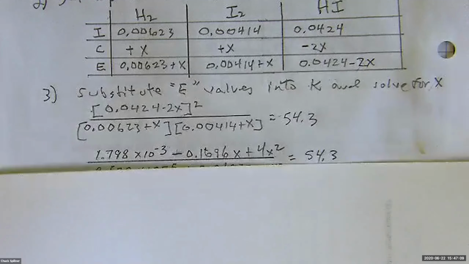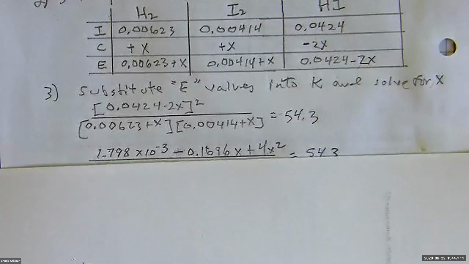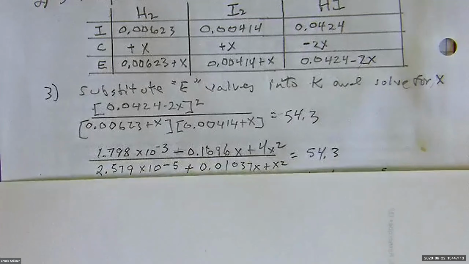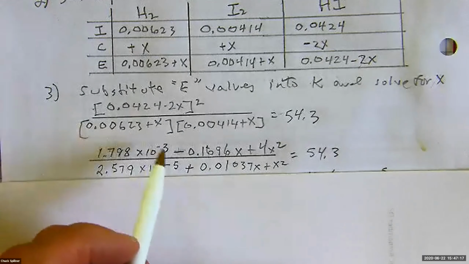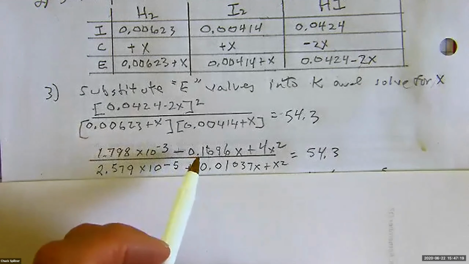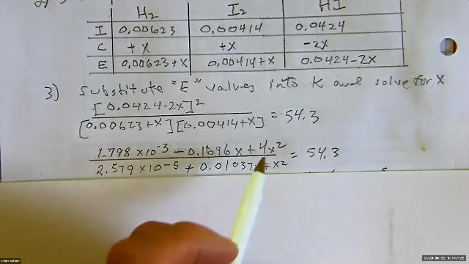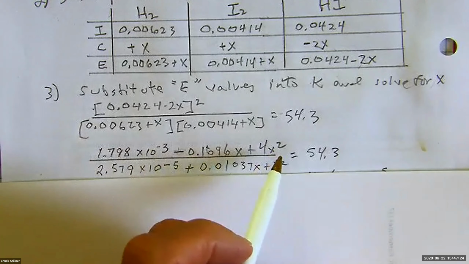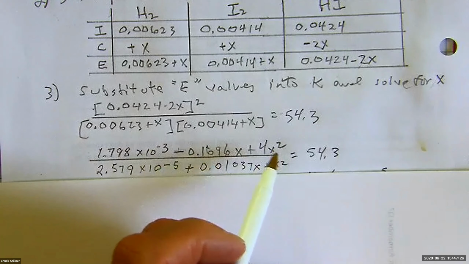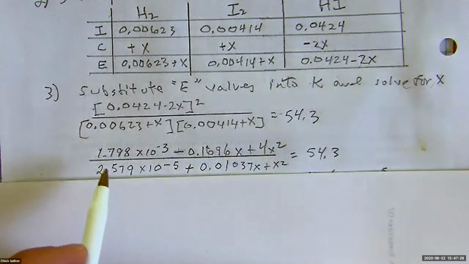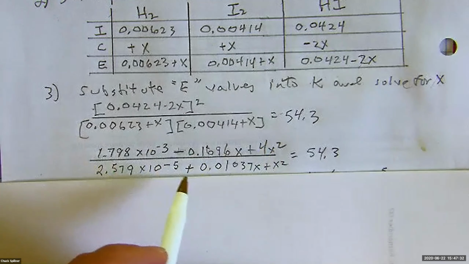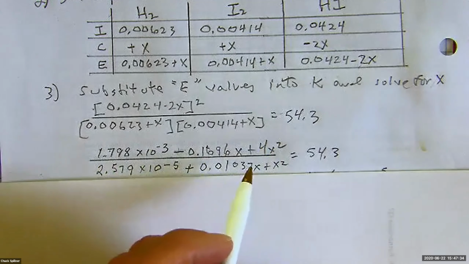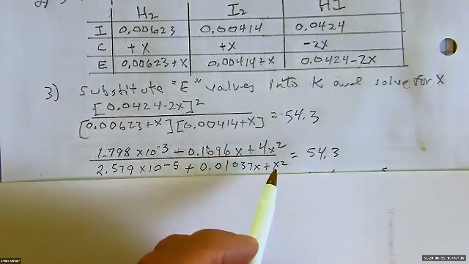If we do that, we end up with 1.798 times 10 to the minus 3 minus 0.1696x plus 4x squared. And on the bottom, we have 2.579 times 10 to the minus 5 plus 0.0137x plus x squared.